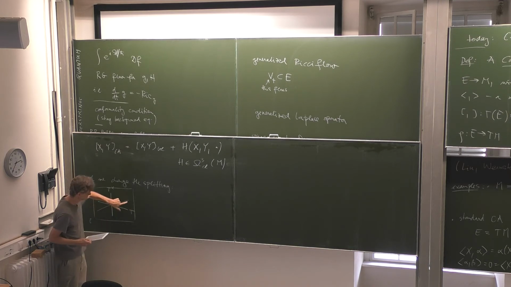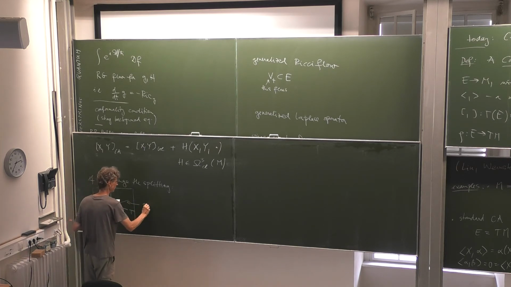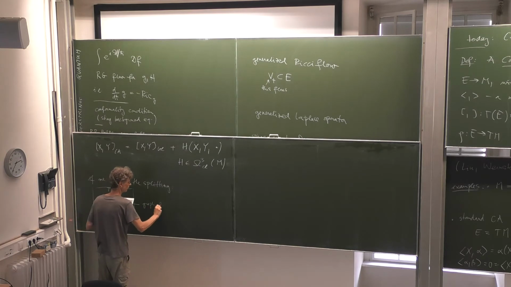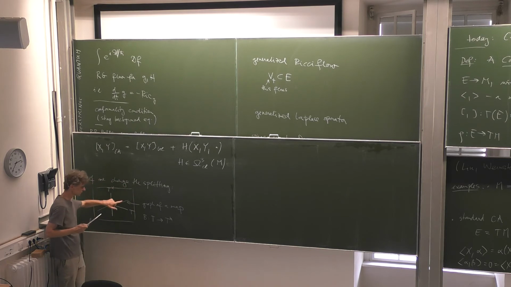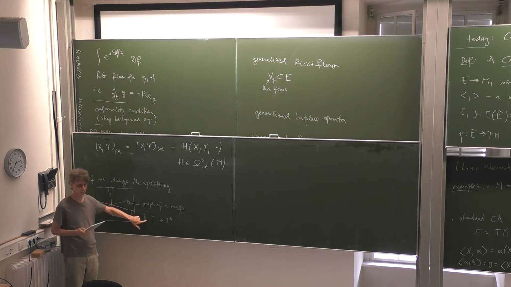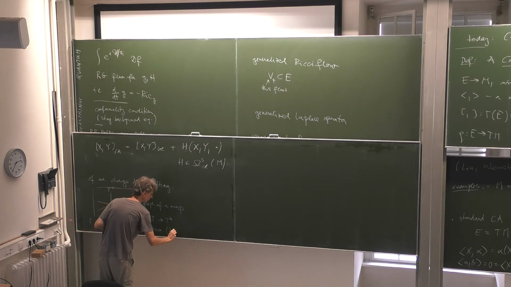So we will see this as the graph of a map, let me call it B, a linear map which goes from T to T star. Because this thing is isotropic, this B is skew symmetric. B is skew, in other words, it's a two form.